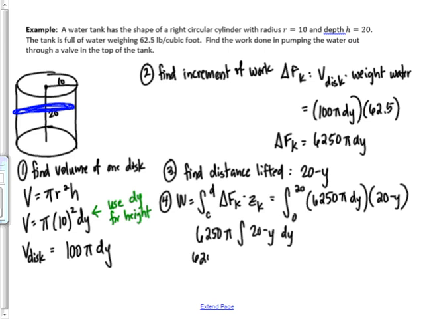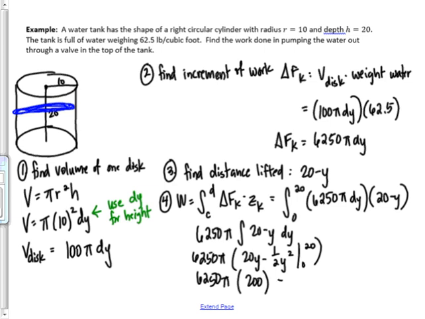That's 6250 pi times 20y minus 1/2 y squared, going from 0 to 20. I'll make sure you can integrate this later. I got 200 when I did it, and if you multiply those, I got 1,250,000 pi foot-pounds.